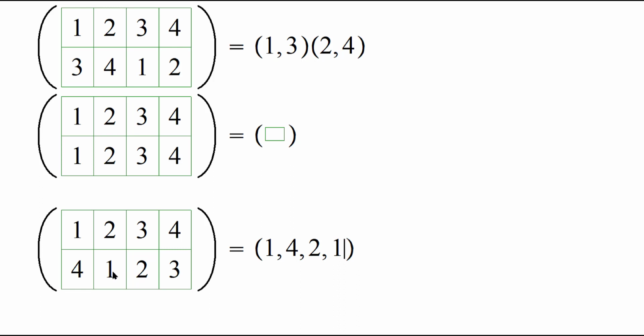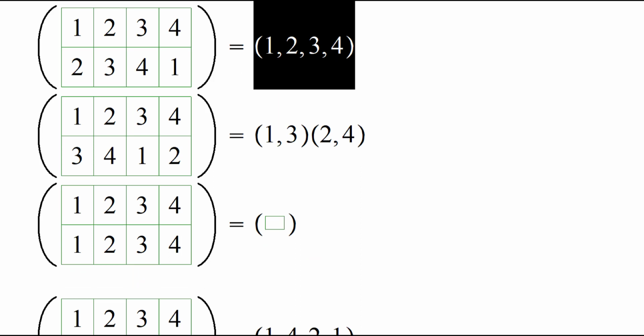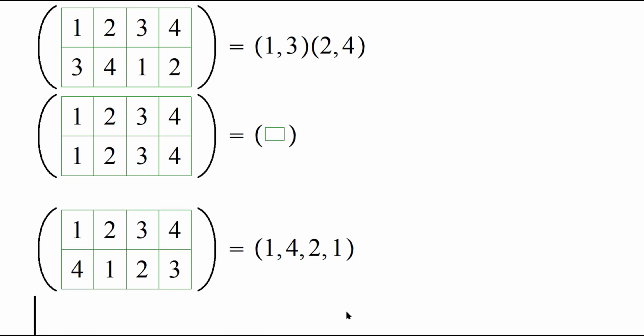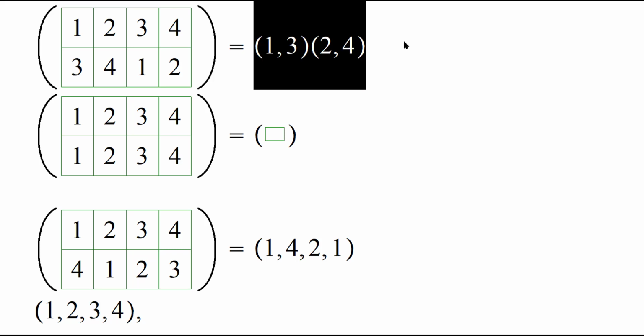So this one acts in this manner. So the 4 elements that we have are the 4 elements that we got for S4 as the subgroup isomorphic to Z4.